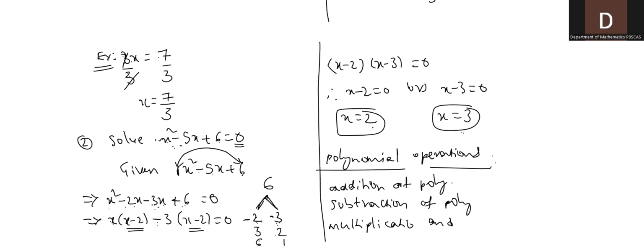These are the types of operations of the polynomials. There are 4 polynomial operations: addition, multiplication, subtraction, and division of polynomials. Okay, next page.